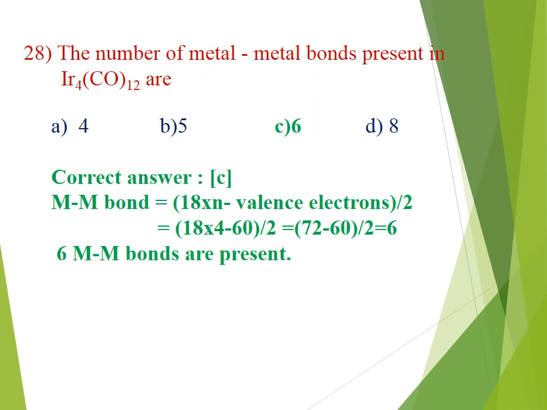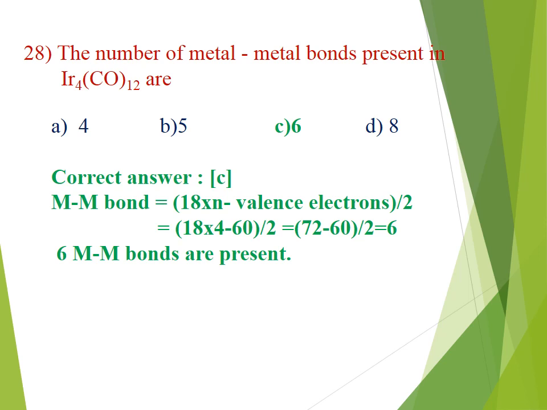The number of metal-metal bonds present in Ir4(CO)12. The correct answer is that the number of metal-metal bonds is 6. Option C is the correct answer. It is calculated by using a simple formula. The number of metal-metal bonds equals 18 into 4 minus valence electrons, divided by 2.